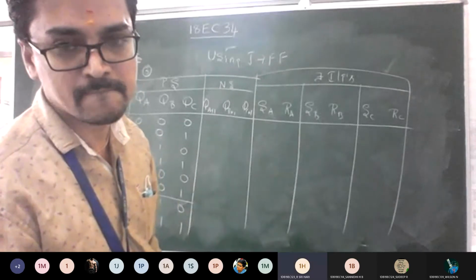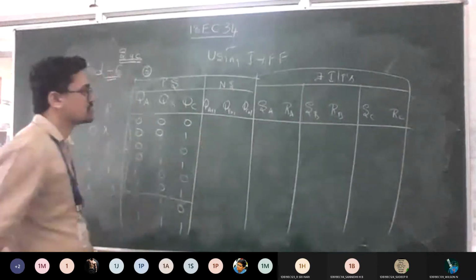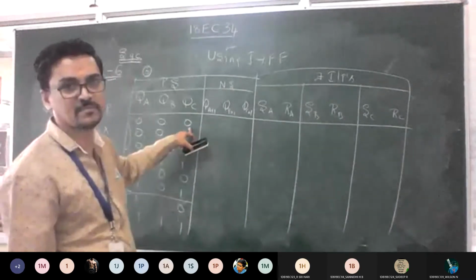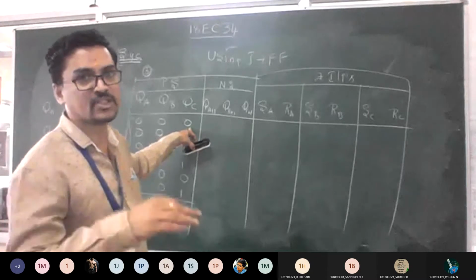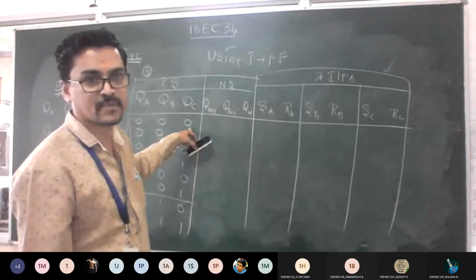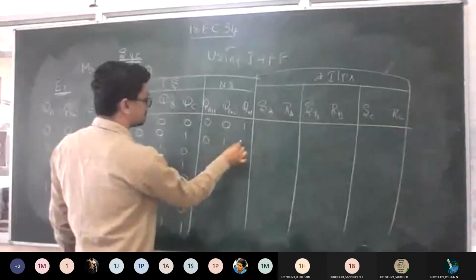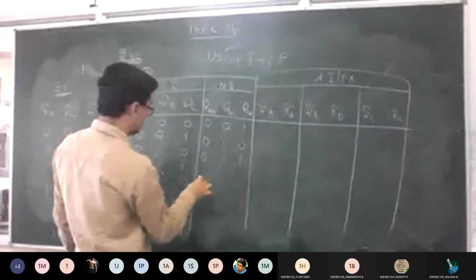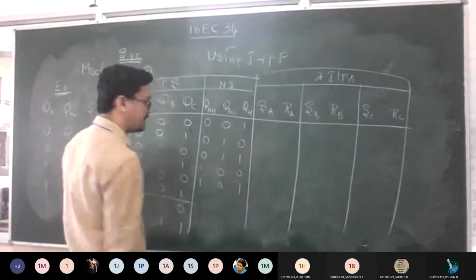Everyone? Yes, sir. So now you should tell me how to write the next state. What is the next state for 0? 1, sir. 1 gets 2. 2 gets 3. 3 gets 4. 4 gets 5.